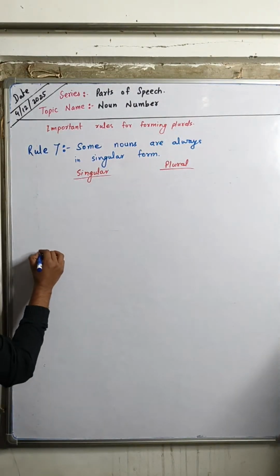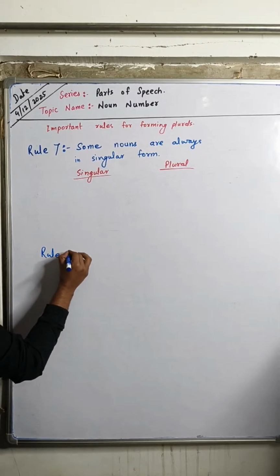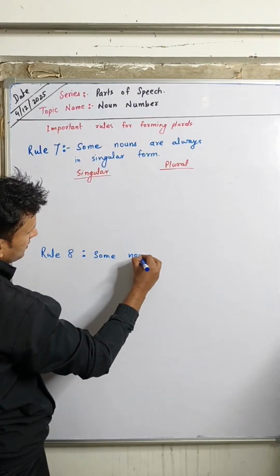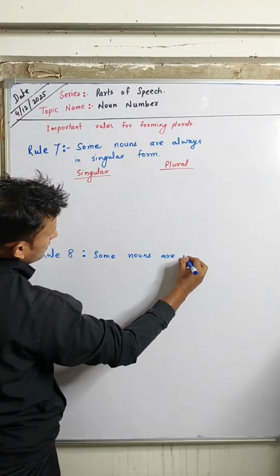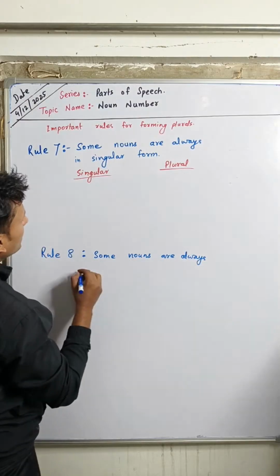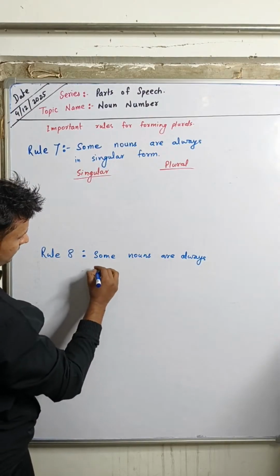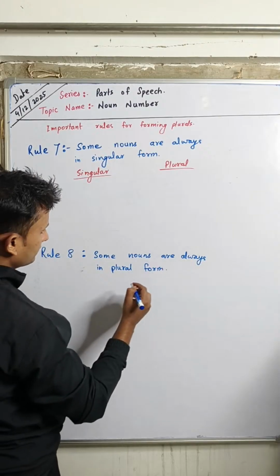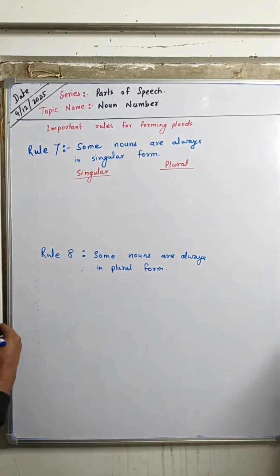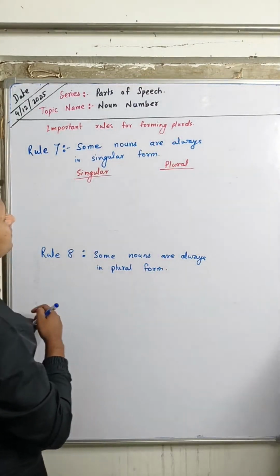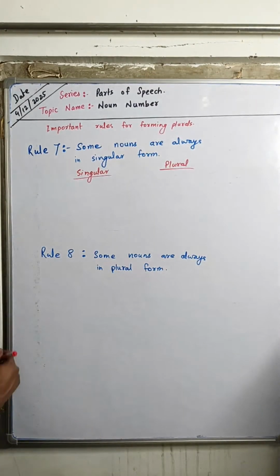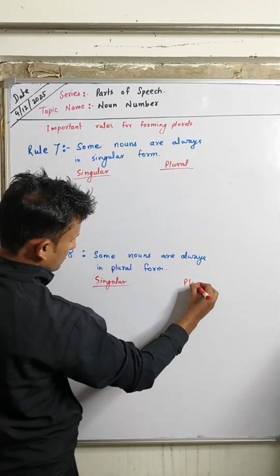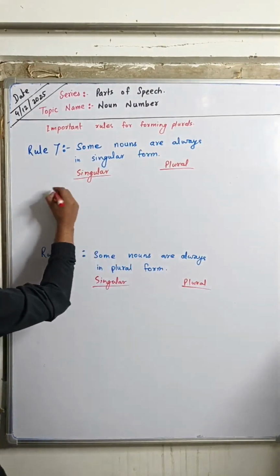And rule number 8 is also quite similar, but with a minor difference. Some nouns are always in plural form. The examples are fish.